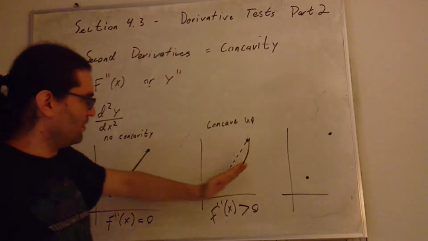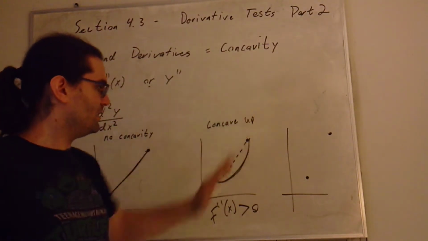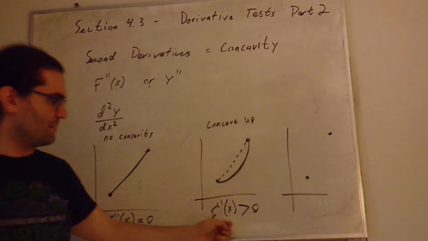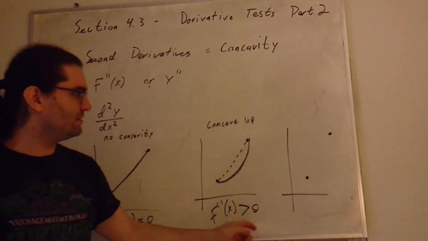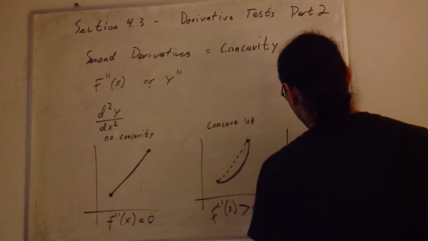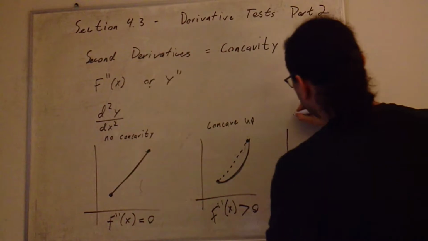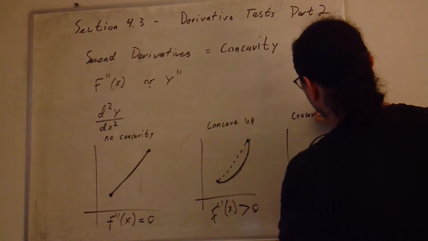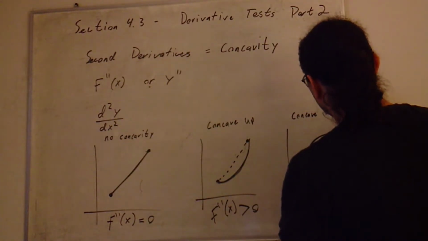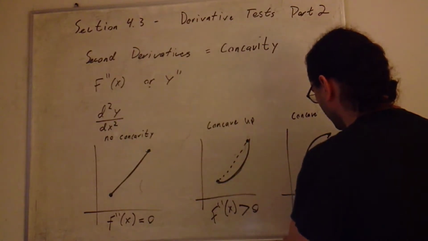If it goes below where the straight line would be, so it curves upward, this is called concave up, and that means the second derivative is positive. If it goes above where the straight line would be, this is concave down, and this means that the second derivative is negative.